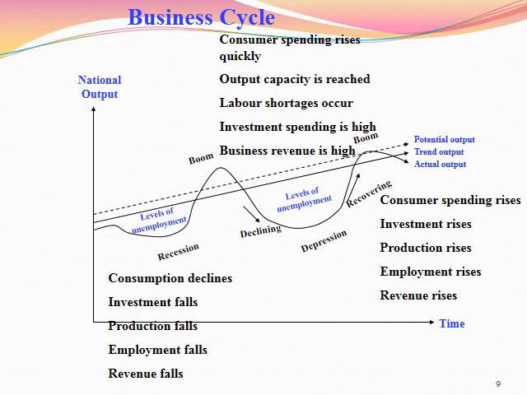What I want to highlight here is that based on the stage you are in the business cycle, your marketing strategy should change. For example, the strategies you use in a depression economy, you cannot use in a boom economy. So your strategies have to change according to the business cycle stage.